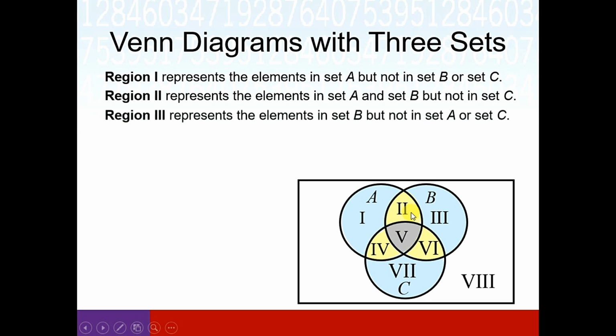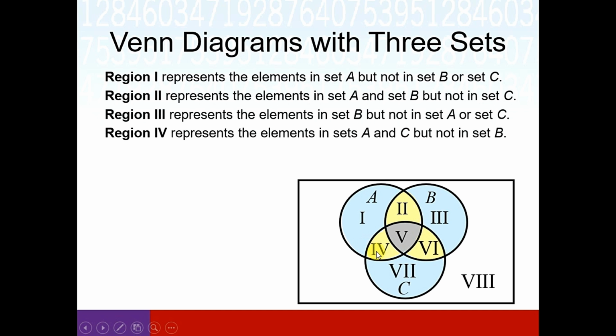Region 3 will represent our set B but not in set A and set C. So this is exclusive for set B. Region 4 will serve as our elements in set A and set C but not in set B. And then we have region 5 as a representation for our elements in all 3 sets. Okay, so this is the intersection of the 3 sets.